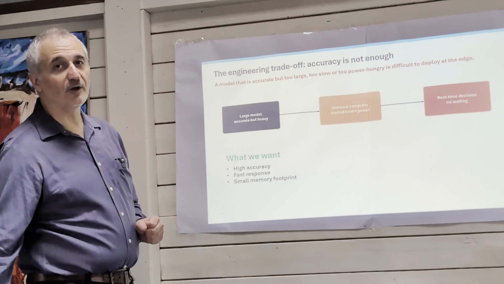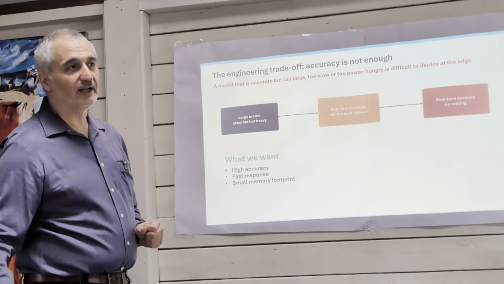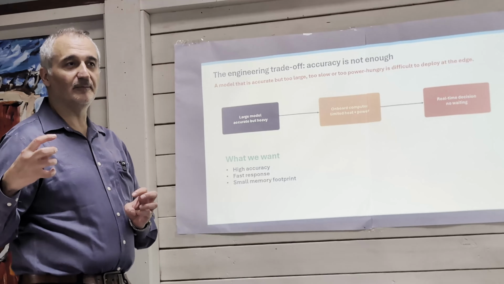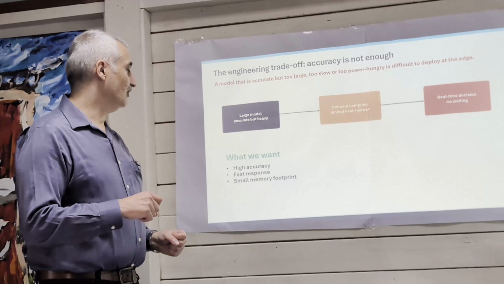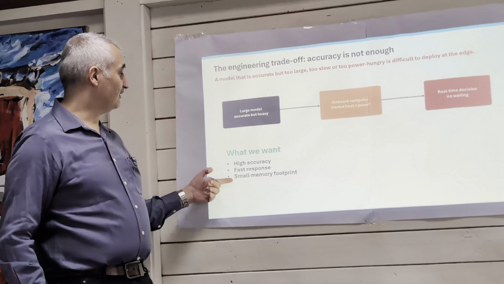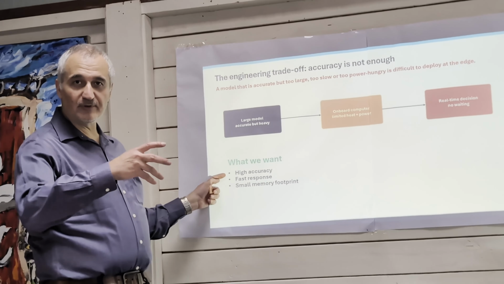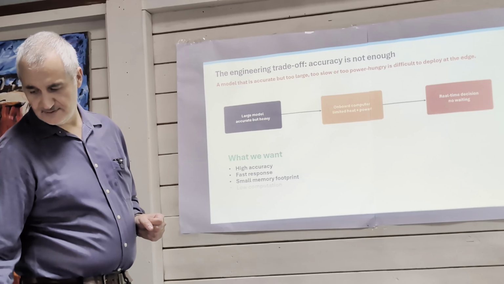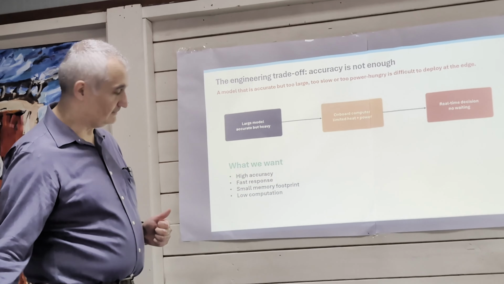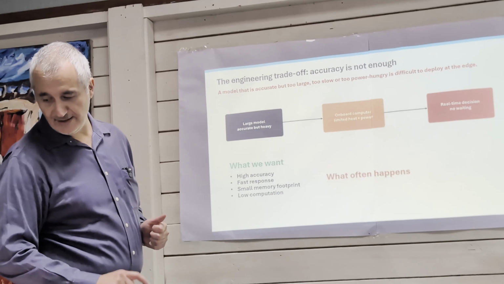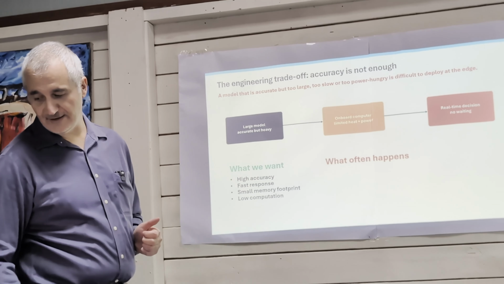And we'd like to have a small memory footprint so that either we can run larger, more interesting features on the same hardware, or run it faster. So these two things go hand in hand, opposite direction actually. And low computation.